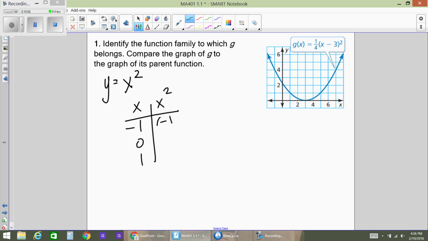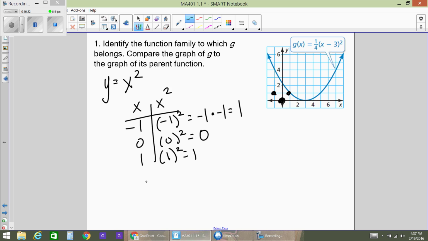Now, if you take -1 and you square it, what you really have is -1 times -1. Hey, that's 1. 0 squared is 0, and 1 squared is 1.